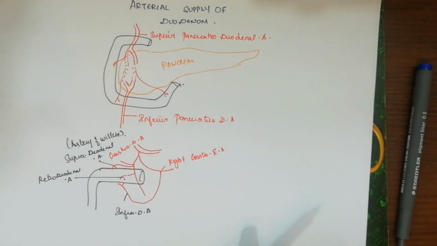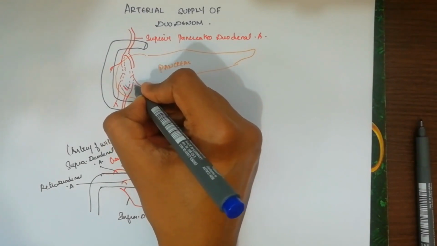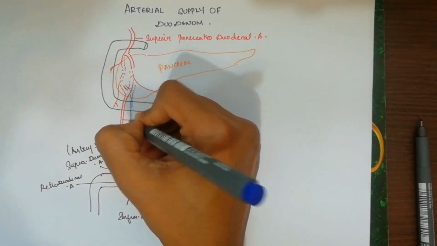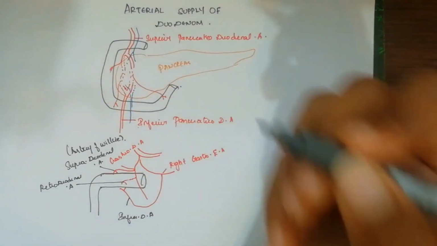Talking about veins, all the veins accompany the same arteries. So we have veins accompanying the arteries.